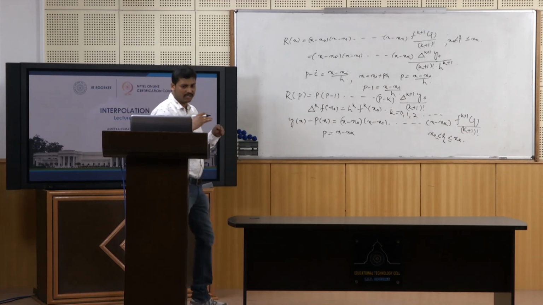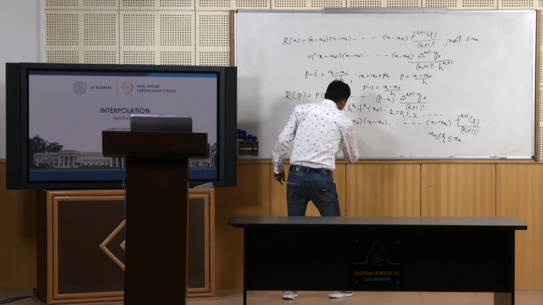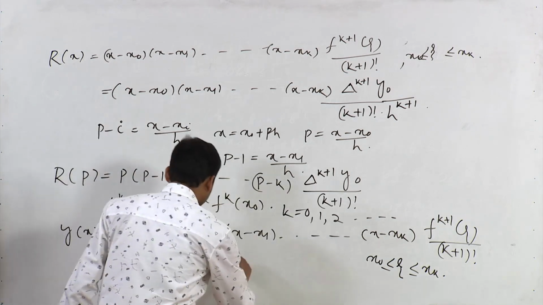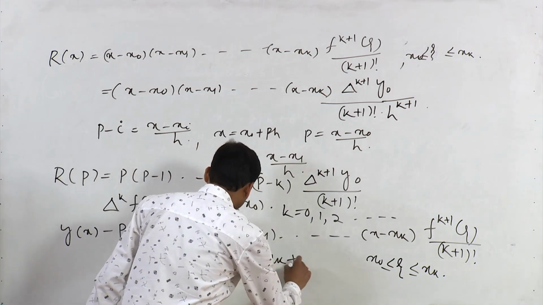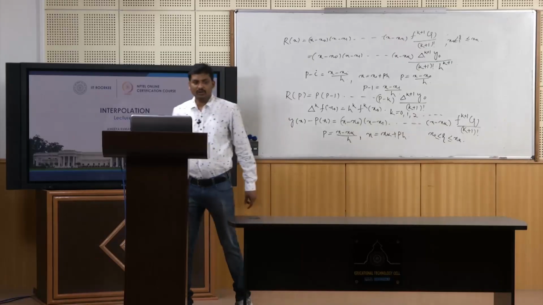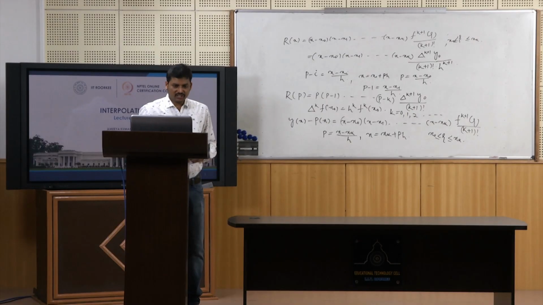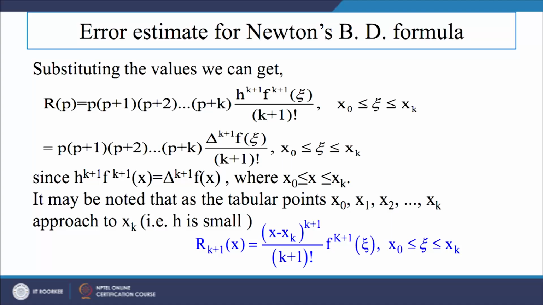So p is x minus xk by h, where x equals xk plus ph, and the remainder term can be written as R of x equals y of x minus p of x, sometimes written as f of x minus p of x, since y of x is approximated by this function f of x. If you substitute all these values, we get Newton's backward difference formula error as R of p.